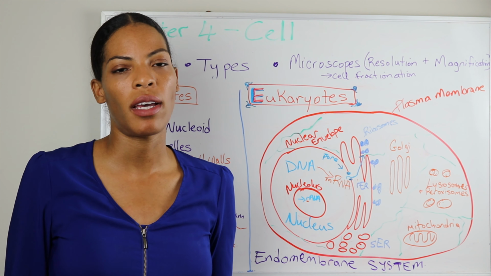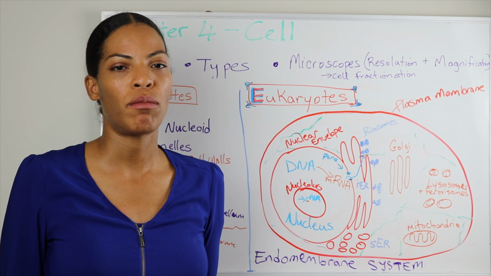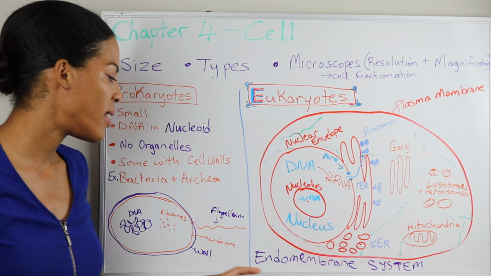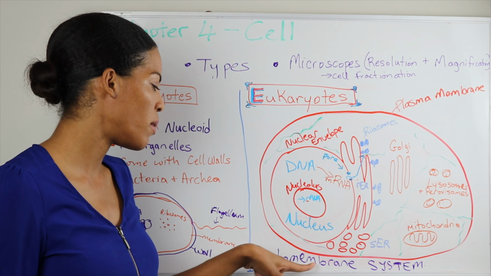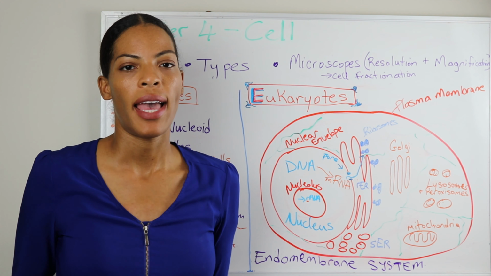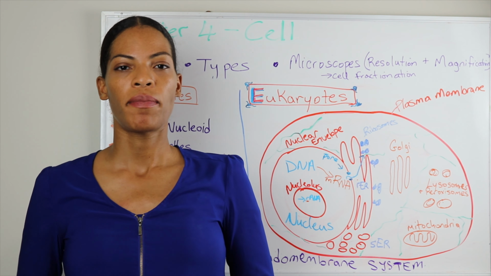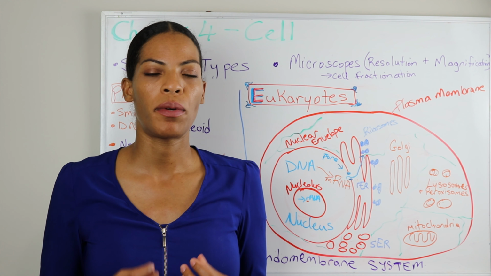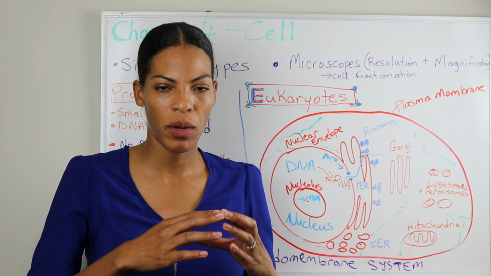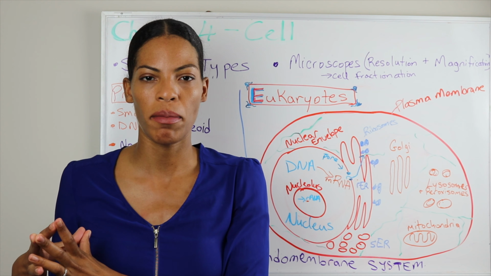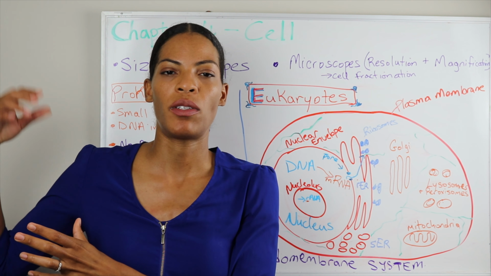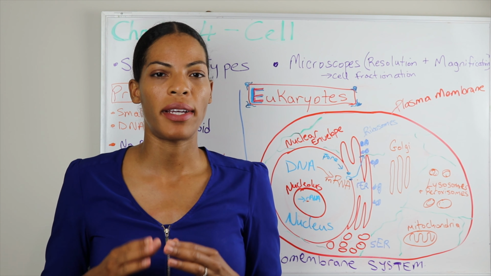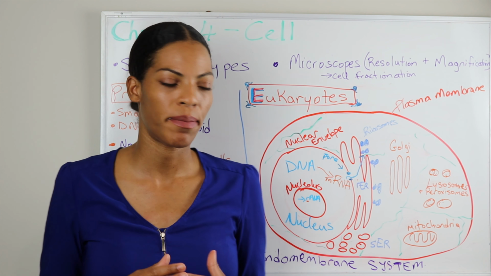Specifically, a special type of transport system that moves different items from one region to the next. And that system is called the endomembrane system. And the endomembrane system is a way that your cell moves molecules or proteins from inside one membrane to inside another membrane, and possibly eventually even to outside of the cell. All of this occurs without interacting with the cytoplasm.